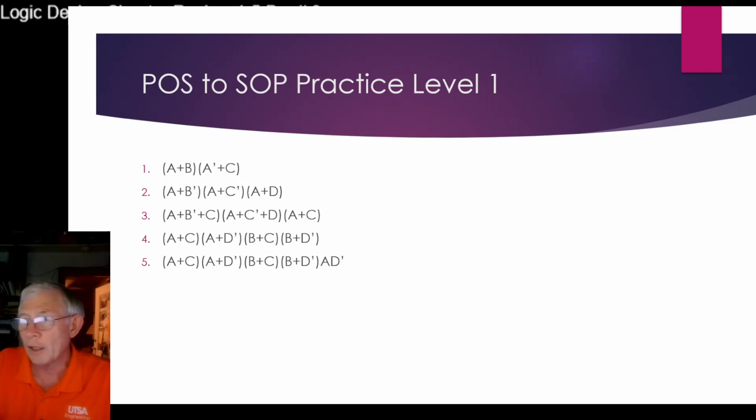The first one, (A plus B) times (A prime plus C). You might suspect that this is a multiplying and factoring, and you'd be correct. So let's look at that.